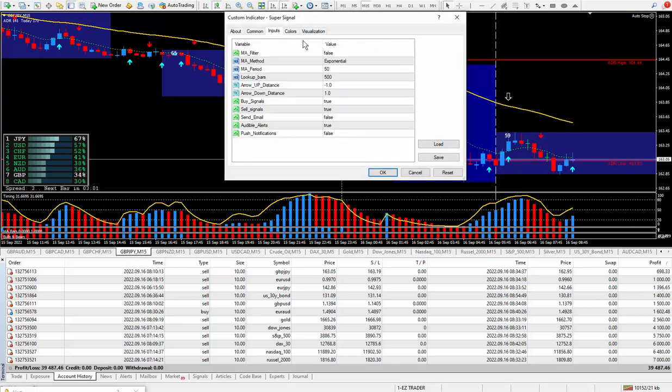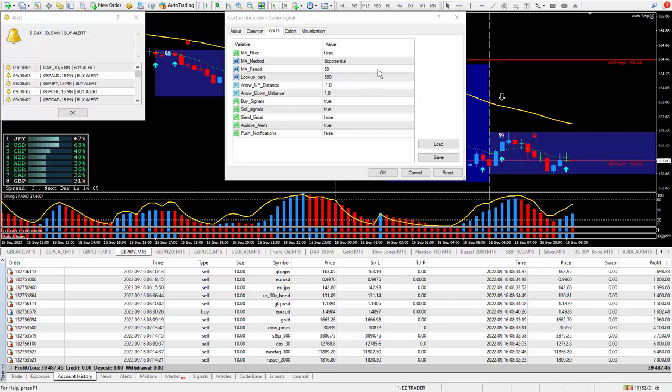As you can see right here, it collects data from the 4 indicators down at the bottom, and it actually helps to pick the tops and the bottoms and or the beginning of the up and down cycles. Now this is what every trader loves to have, getting in at the beginning of the cycles.